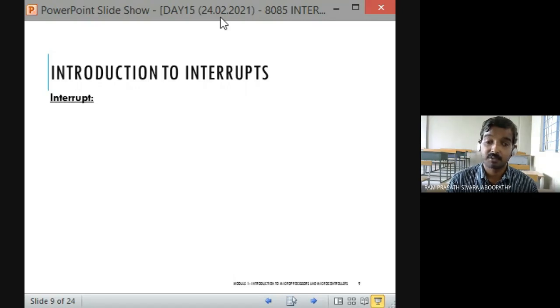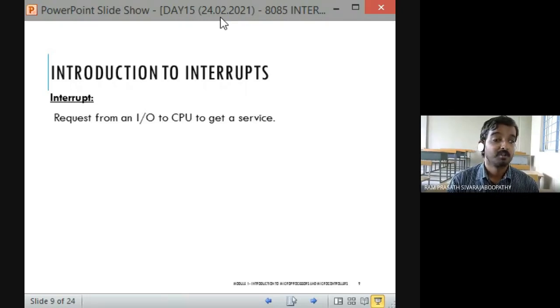Yes, very good. It is a request from an IO device to the CPU to get a service. So an interrupt is initiated by the IO device only. It is asynchronous in nature, which means at any point of time it can occur.